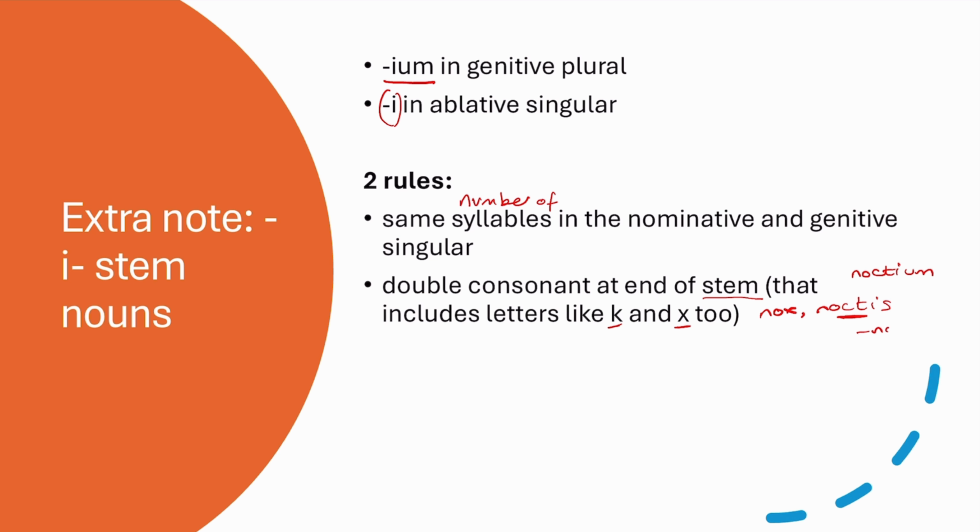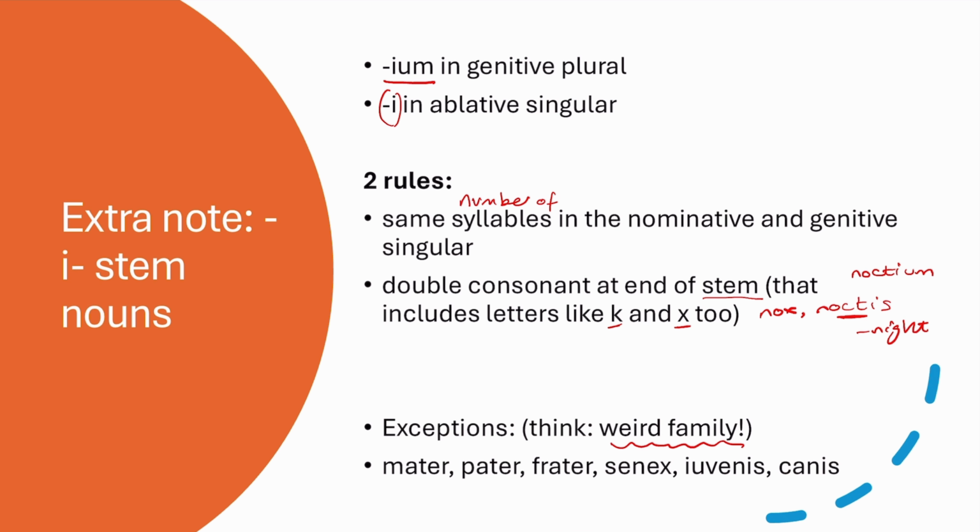So that means night. And the only exceptions that we have to this rule, we have to learn. And just think, they're kind of like a weird family. You have mother, mater, father, pater, brother, frater, old man, senex, young man, juvenis, and dog, canis. So those are your 6 exceptions to the I stem rule.